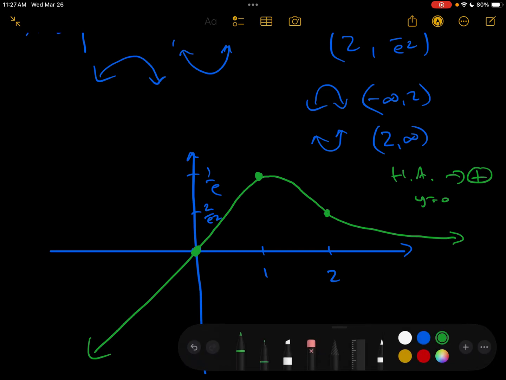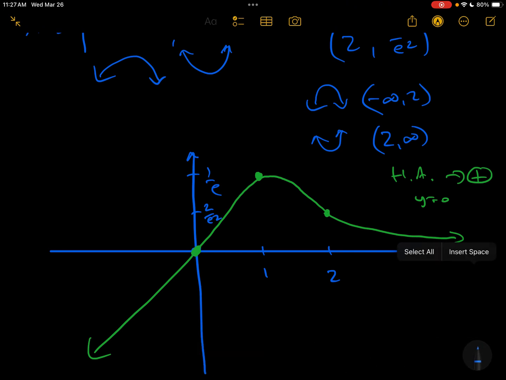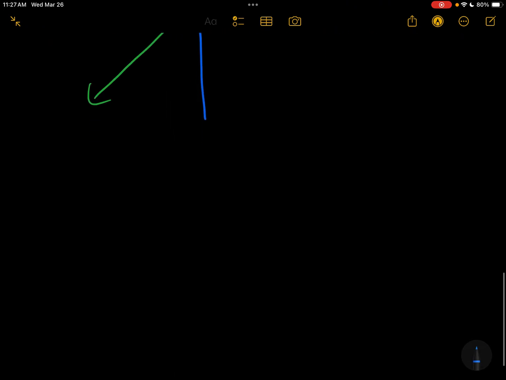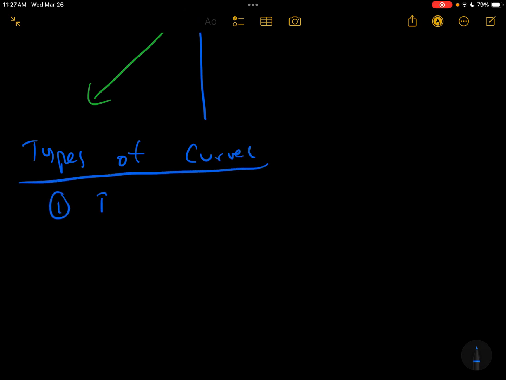And so we add that to our list of non-standards. So what have we seen so far? We've seen types of curves. We've seen polynomials, like f equals x cubed plus x minus 1.